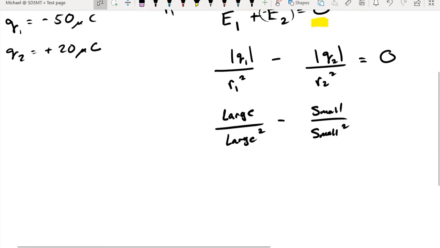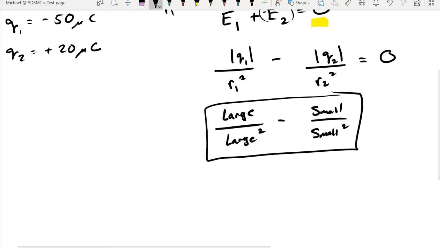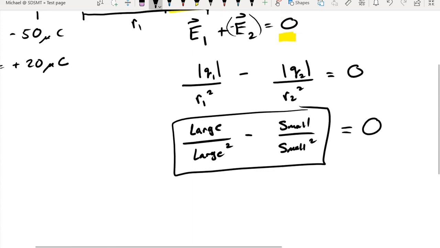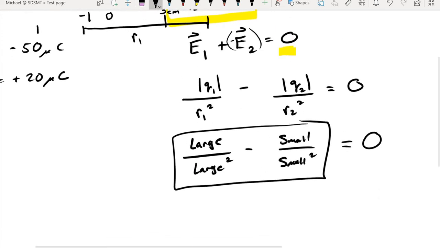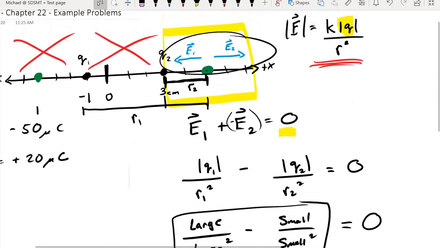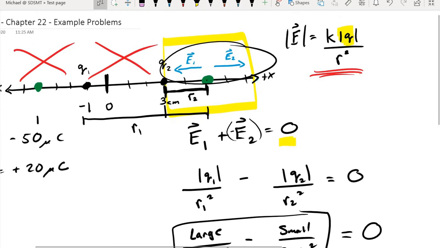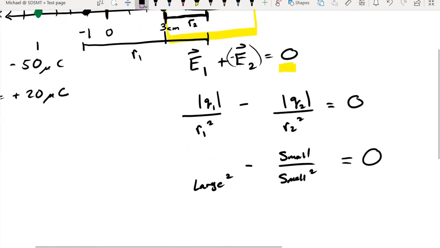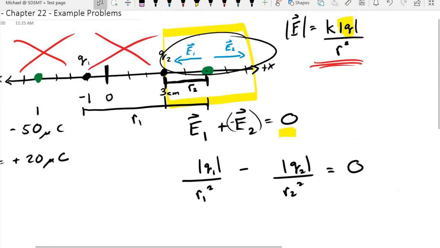And so now these ratio combinations are going to make for a much more realistic approach to finding a solution to this problem. And so this is where we're going to focus our attention. I'm expecting our solution to be somewhere to the right of charge 2. And we are going to now begin setting up the math to solve for this system.